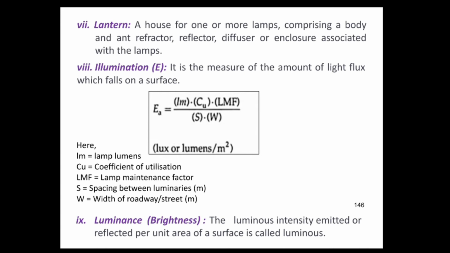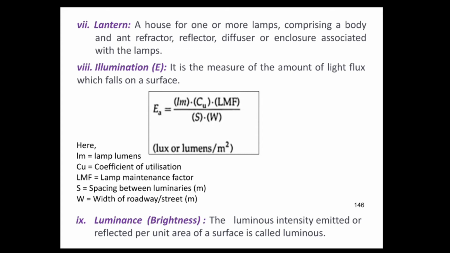Next is illumination E. It is a measure of the amount of light flux which falls on the surface, and is expressed as E = LM × CU × LMF / (S × W), and the unit is lux or lumens per meter square.